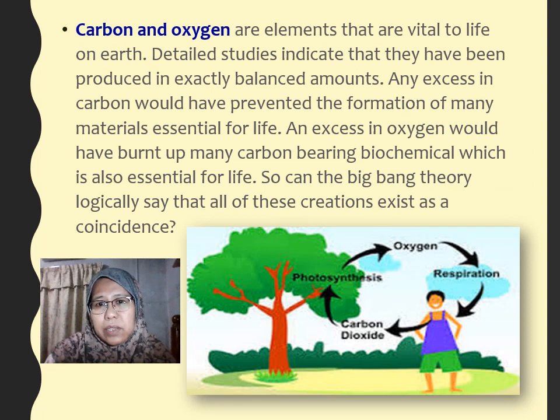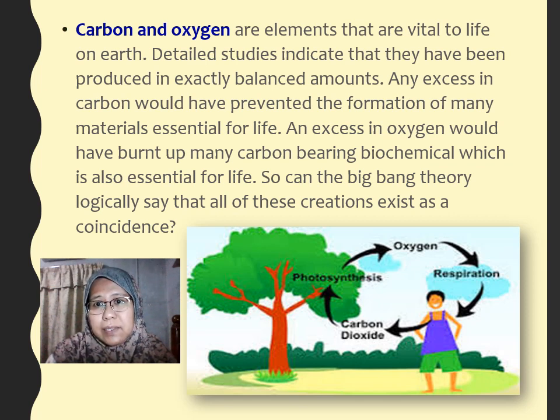But the thing is, if we look at our carbon cycle, oxygen cycle, nitrogen cycle, for example, carbon and oxygen, they are elements that are vital to life on Earth. Any excess in carbon would have prevented the formation of many materials essential for life, because most organic compounds are essential, are biological.